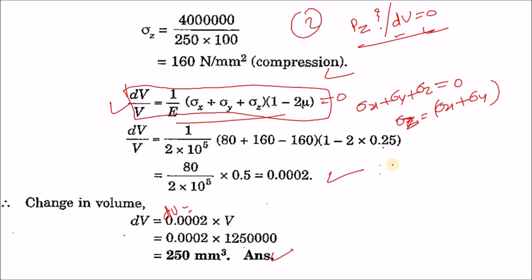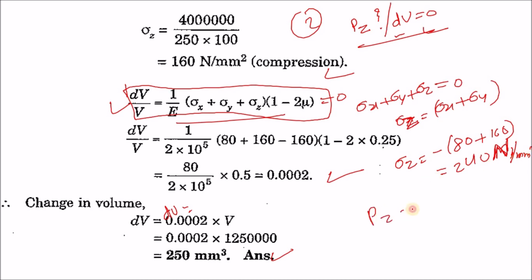So from here you can find sigma z equal to minus 80 plus 160 equal to 240. The unit of this is Newton per mm square.